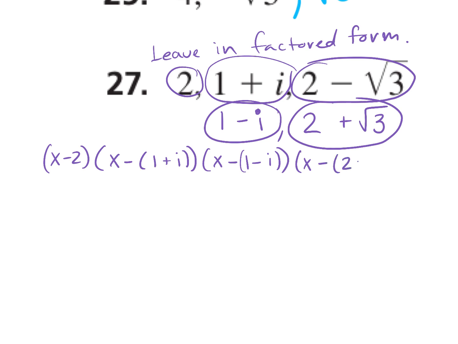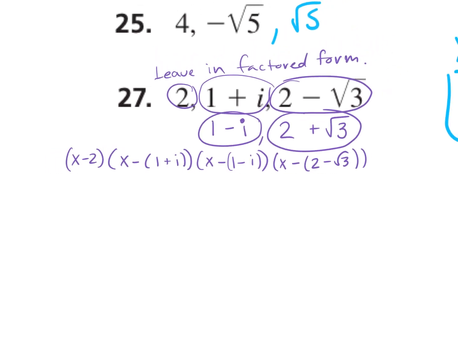So x minus 2 minus square root 3 and x minus 2 plus square root 3. So it's always x minus whatever your 0 is. This is our answer. You don't have to multiply this out. Just leave it in factored form.